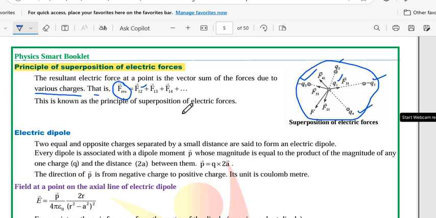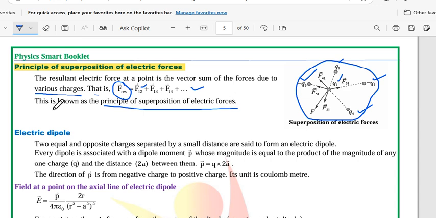This is known as the principle of superposition of electric force. Here the main charge being considered is Q1. The forces on Q1 due to Q2, Q3 and Q4 together are the resultant force acting on that system. This is known as the principle of superposition.